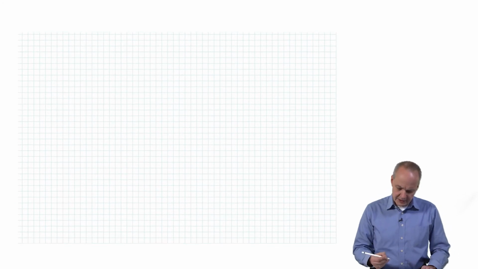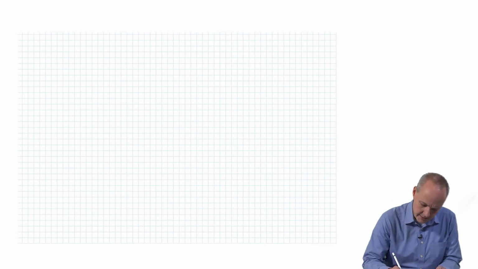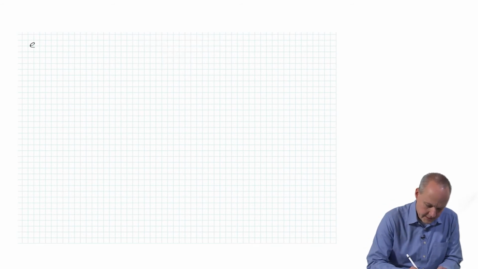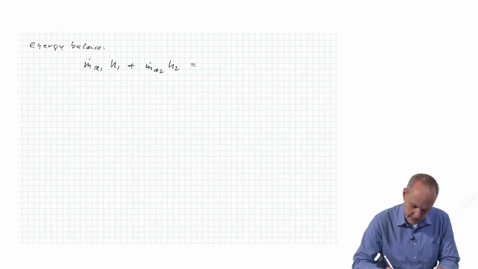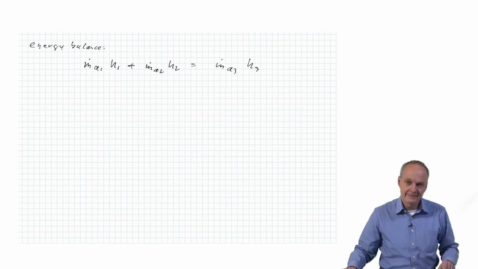Yeah. So the energy balance is obviously equally simple. So we have the energy coming in with the first airstream, m dot A1 times H1, plus m dot A2 times H2 is m dot A3 times H3.